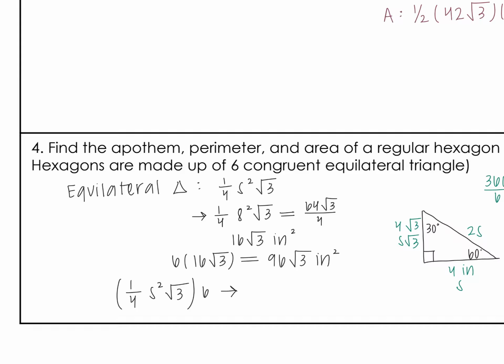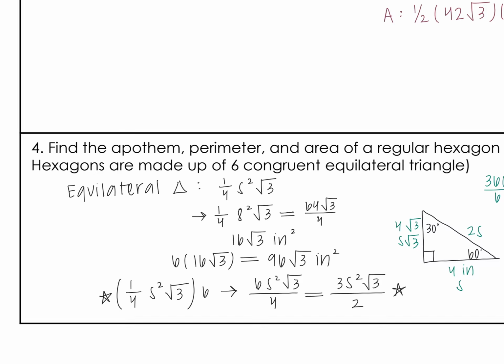And so then I would get 6 S squared √3 over 4, which would then just simplify to give me 3 S squared √3 divided by 2. Okay, so this is going to be a shortcut formula if you happen to know your side length for your hexagon to find its area.